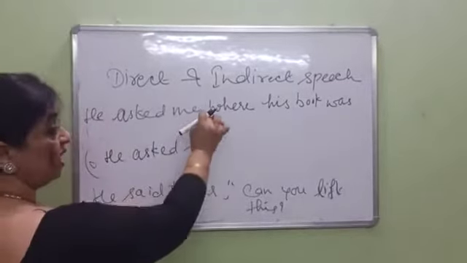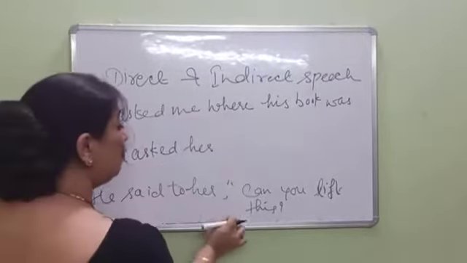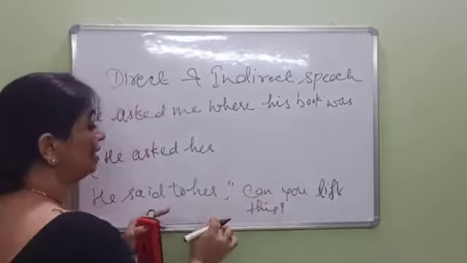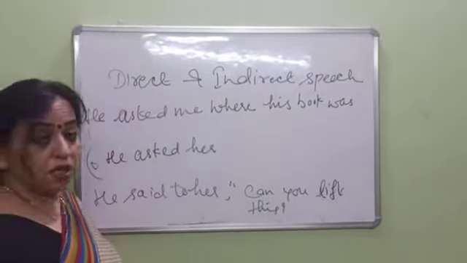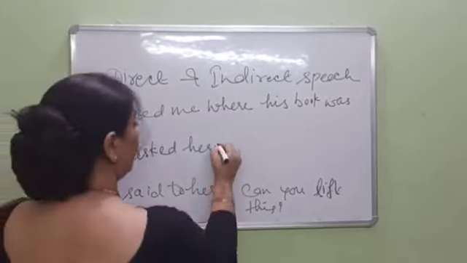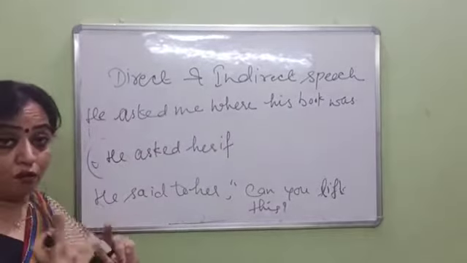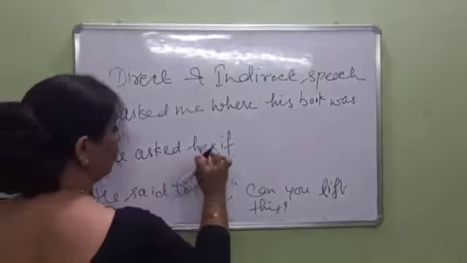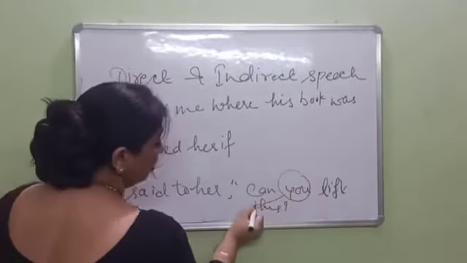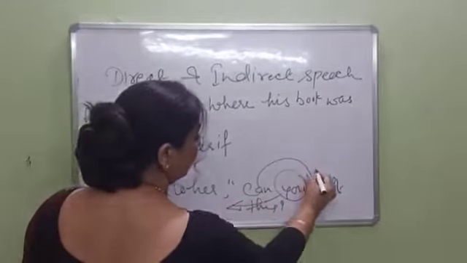Now here the changes. Here I have not written any connector. But if you are given a question starting with a modal verb having an answer in yes or no, then you are going to write if or whether. If or whether. He asked her if. Again I told you the subject first, verb later on.